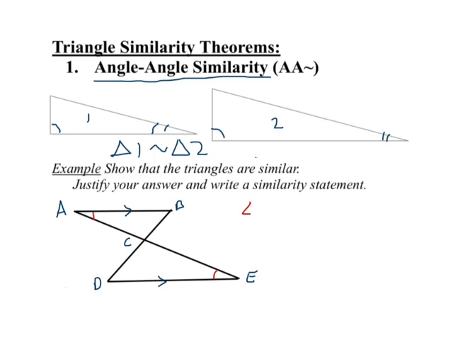So we know that angle E is congruent to angle A. We also know that this angle D is congruent to this angle B, and that is because they are alternate interior angles. Okay, so we can say by the alternate interior angle theorem.